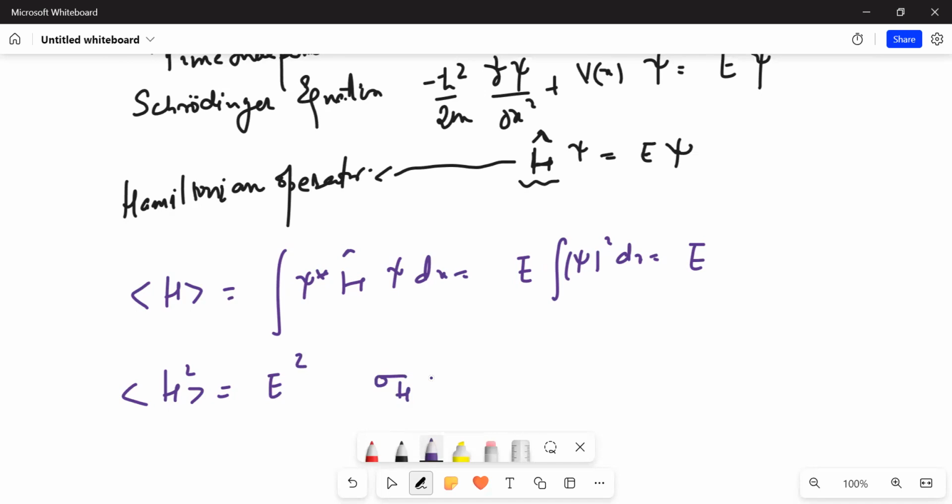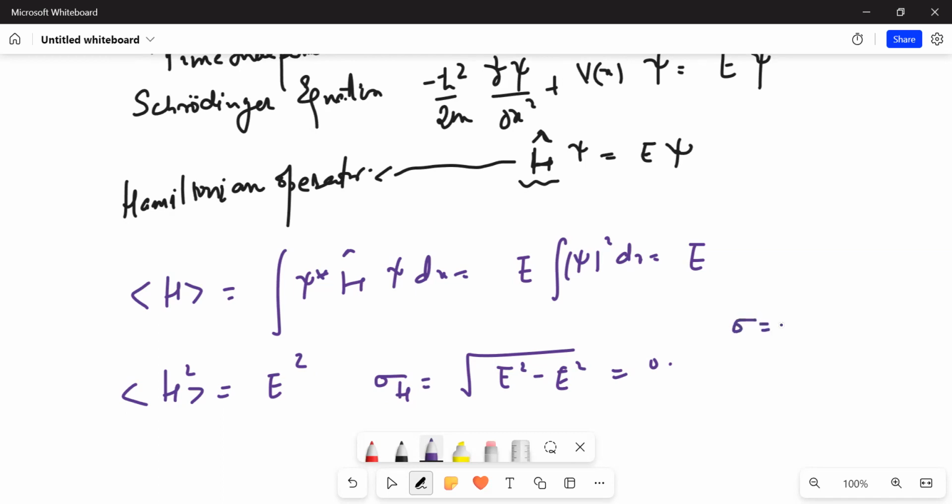Now, if I want to find the variance in H, that would be simply the root over ⟨H²⟩ minus ⟨H⟩², which is E² minus E², and which indeed is 0. Statistically, it implies that if I make a distribution of H, then this distribution does not have any spread. So every measurement of the total energy is certain to return the value E only.